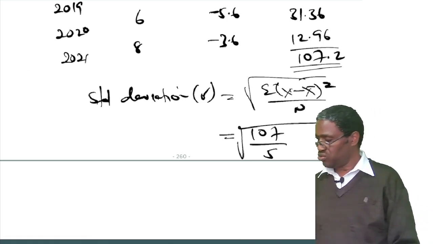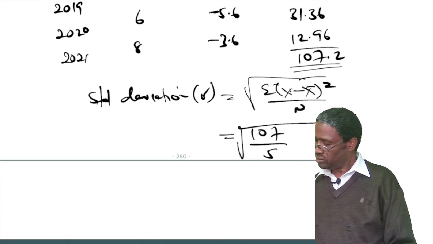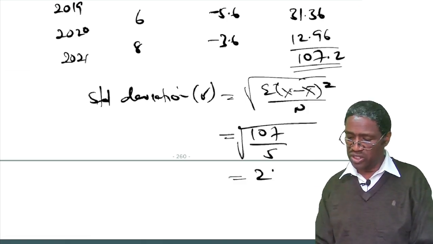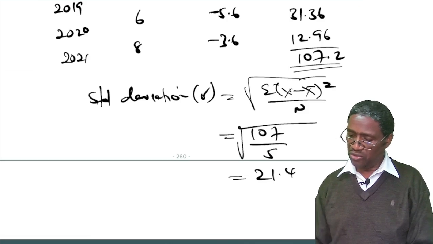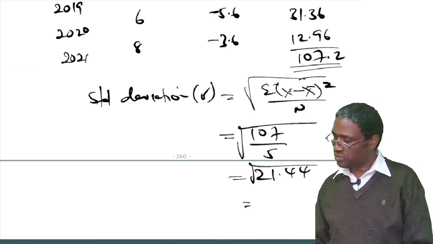Dividing 107.2 by 5, I'm getting the square root of 21.44.